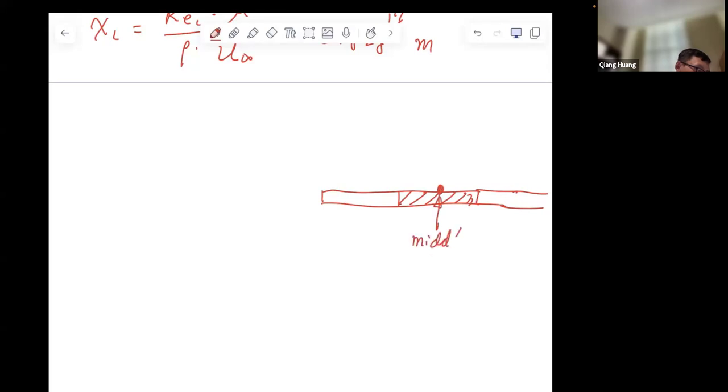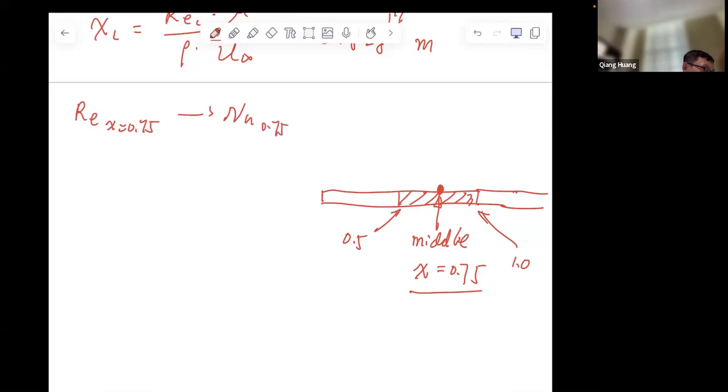This is x equals 0.75, because the left side is 0.5 and the right side is 1.0, so the middle point is 0.75. Then they used the Reynolds number, the Nusselt number, and the convection coefficient at x equal to 0.75 to calculate for the entire section.